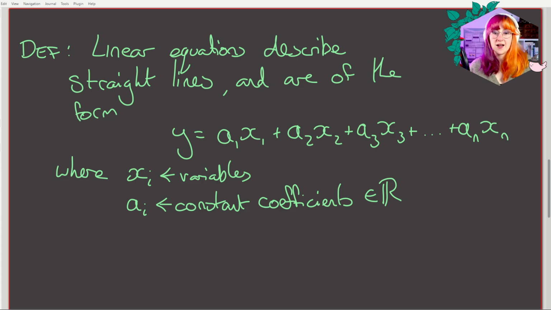But we might have, like, y is 3x1 plus 2x2. Equally, we could have x, y, z as our variables. Our variables can be whatever equivalent axes we want them to be. This is like a general n-dimensional equation.